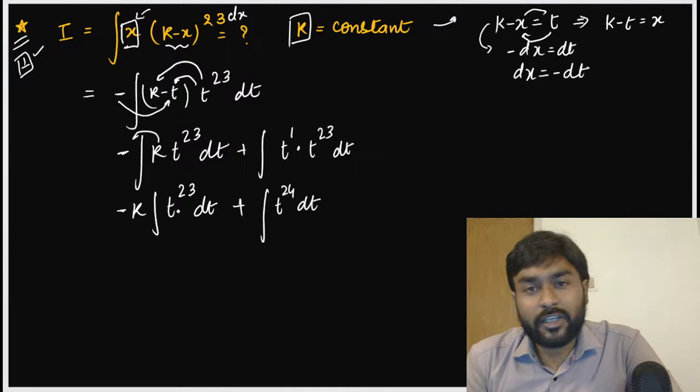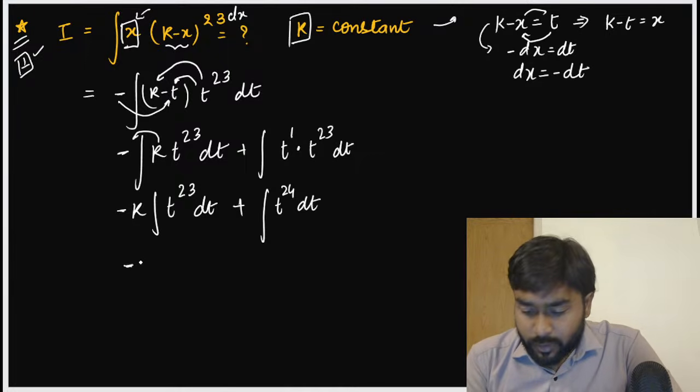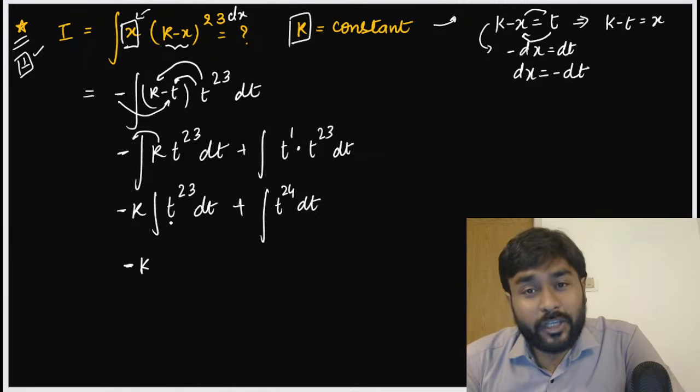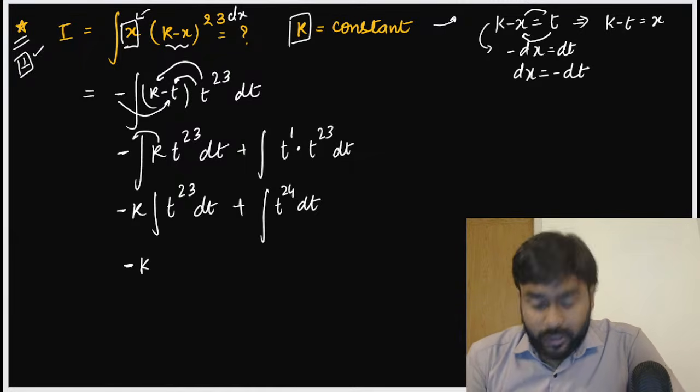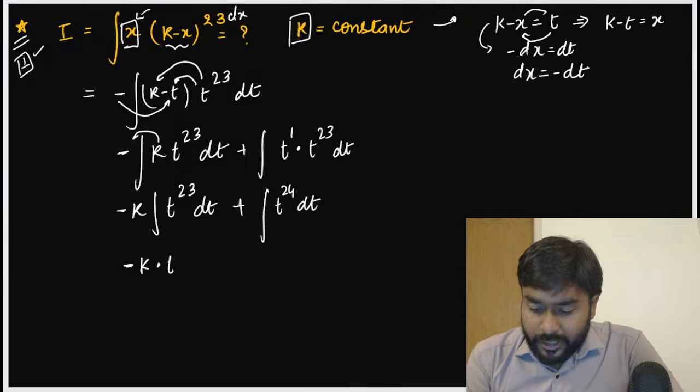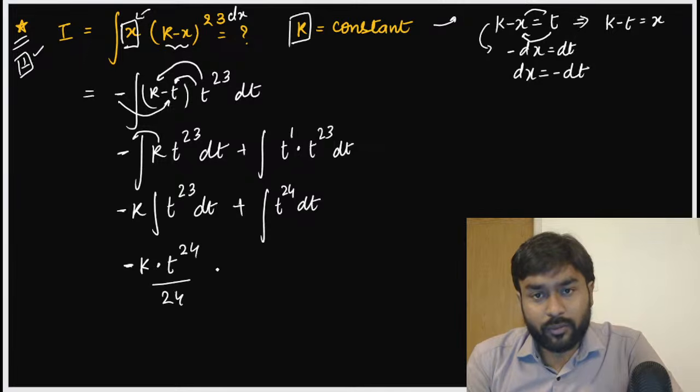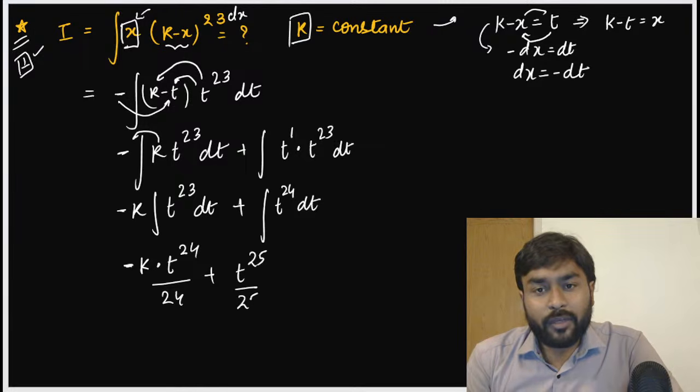So you have to integrate this. How you will integrate? Integrate minus k. Here you can apply x power n formula again. So x power n formula is saying x power n plus 1 by n plus 1. So 23 plus 1, 24 divided by 24. Here t power 24 will be t power 25 divided by 25 plus c.